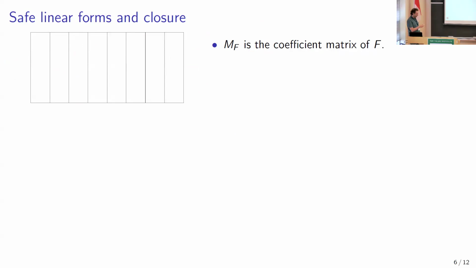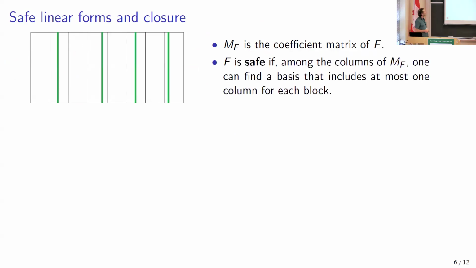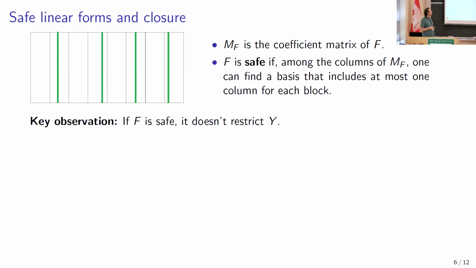And we say that the set of linear forms is safe if among the columns of this matrix we can find a basis of the span of the columns such that from every block we take at most one column for this basis. And the important property is the following: if F is safe, then it doesn't restrict Y, the whole set of unlifted variables.